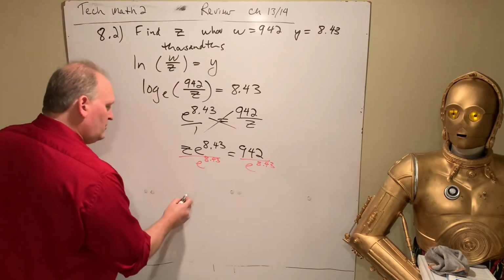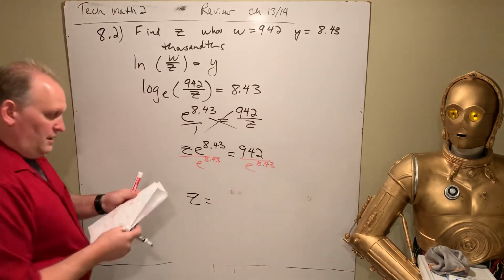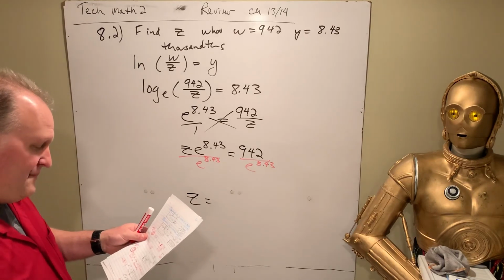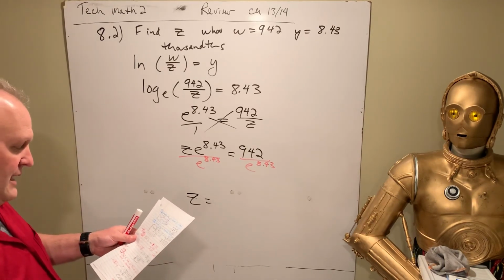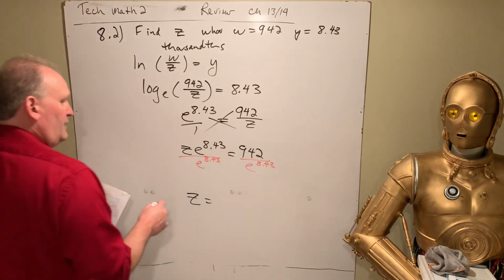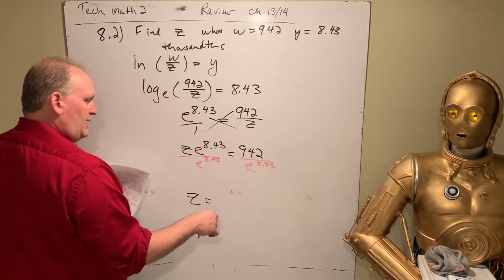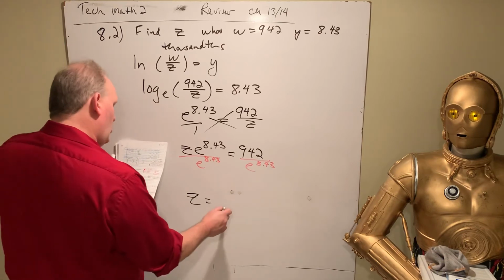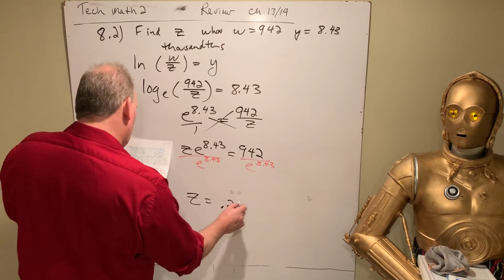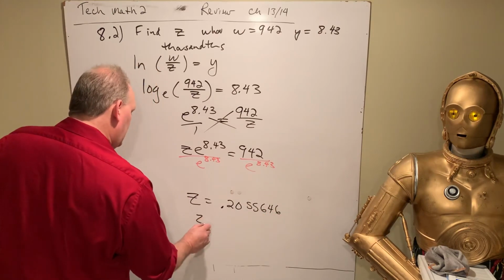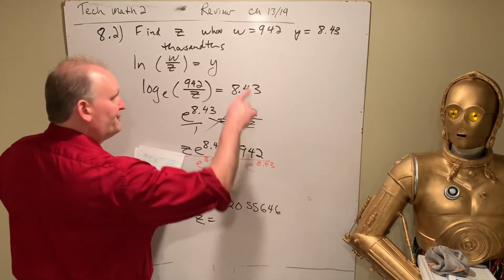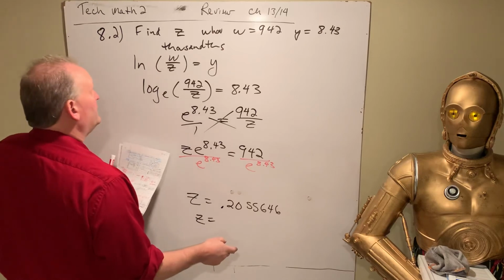So now 942 divided by e to the 8.43, and then hit enter, and we should get 0.20554646, and that is, what did they want?